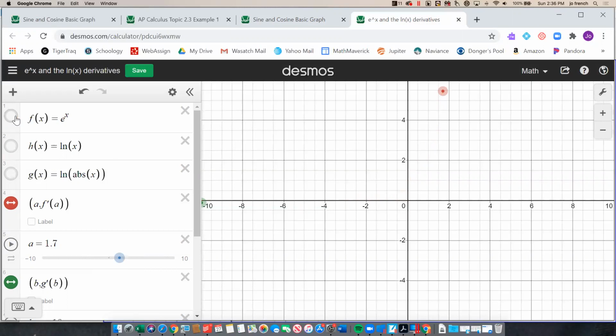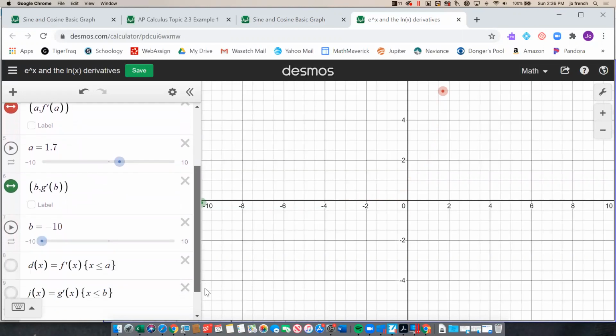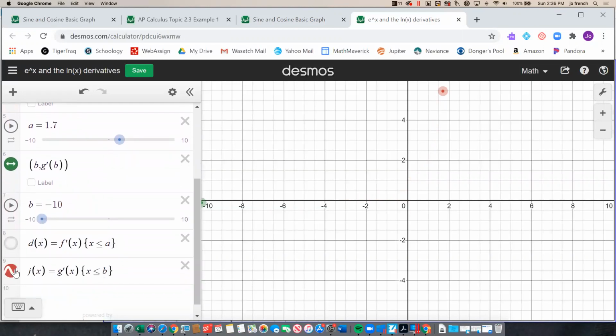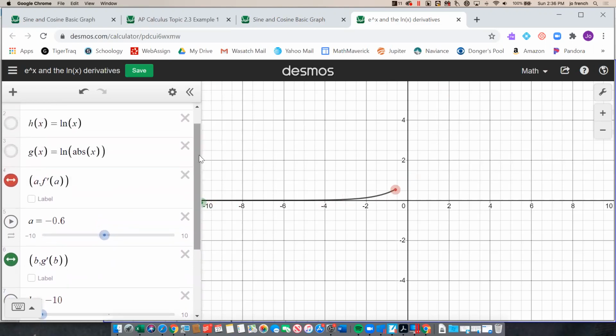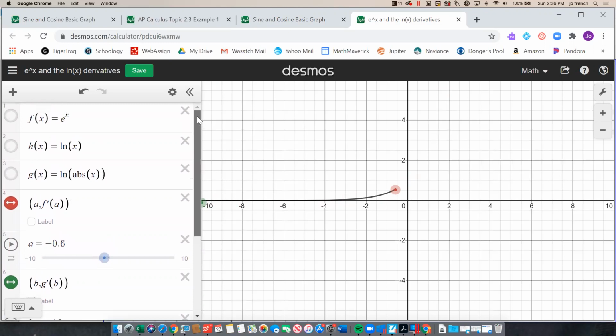If I turn on my derivative graph, you would see that this graph that I'm creating matches exactly the graph of e to the x. This is a really cool result. As my e to the x gets steeper, so do the values of the slope of my tangent line. In fact, they match exactly.